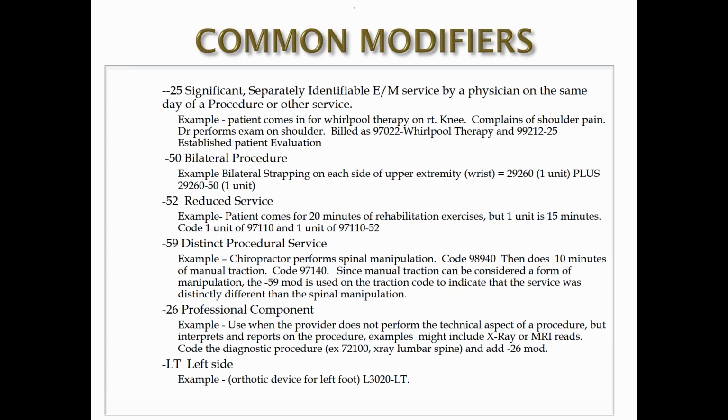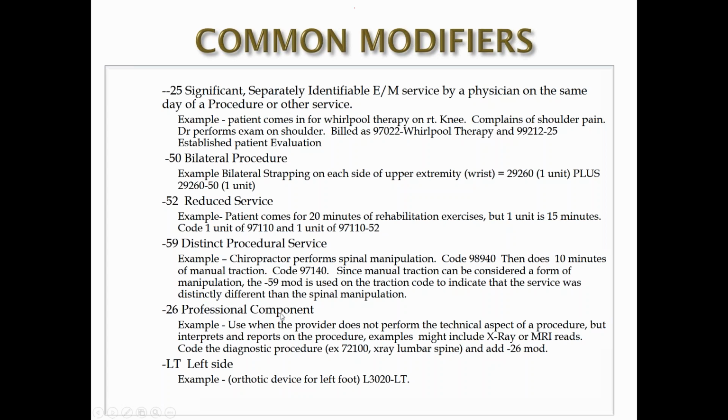A distinct procedural service means that there were 2 services that are very similar in description but very distinct from each other, and so you bill both of the services, but then you have to add the 59 modifier to indicate that the service was distinctly different than the other one, and so on and so forth.